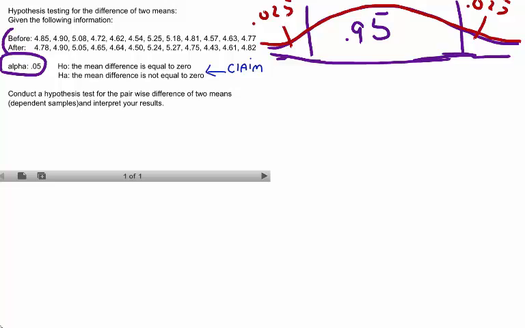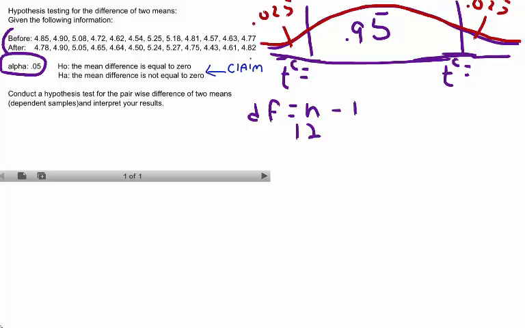Next, we'll establish our critical values of t, and we are using a t-distribution because we have a sample size less than 30. That is, we have 12 pairwise differences, and we have no population standard deviation given. So to find the critical values of t, we can use a t-table with degrees of freedom of 11, since our degrees of freedom is equal to n, our sample size, minus 1.